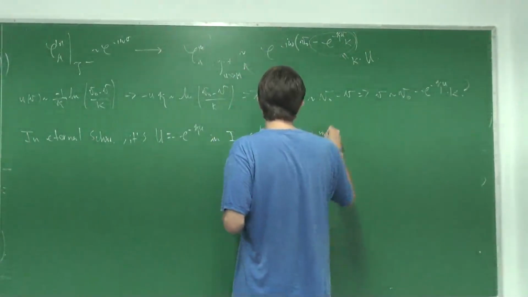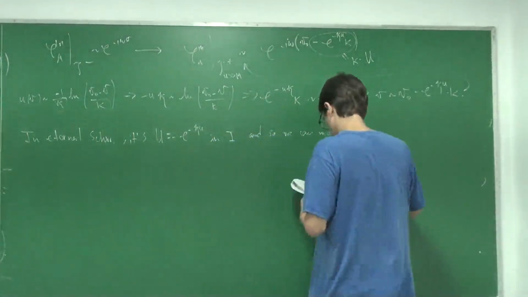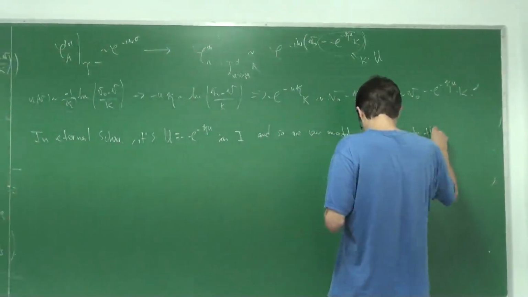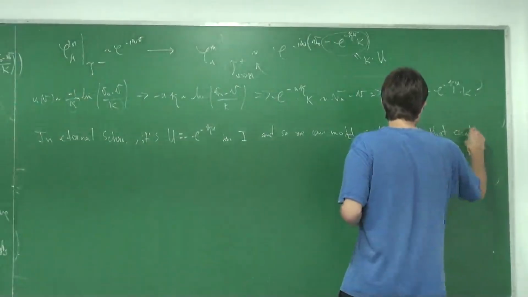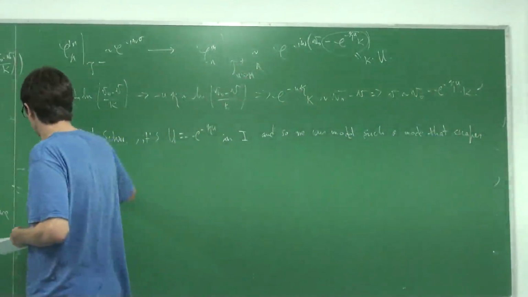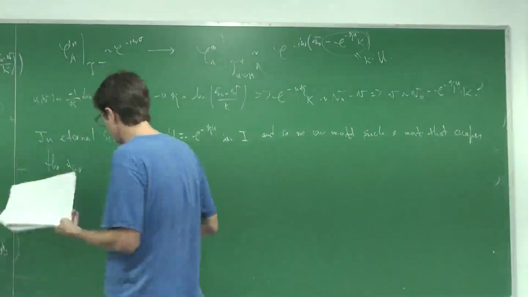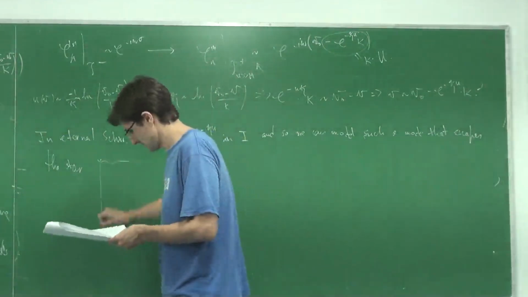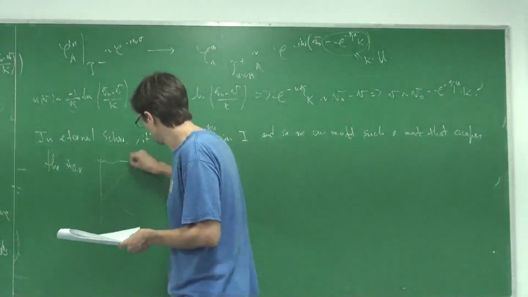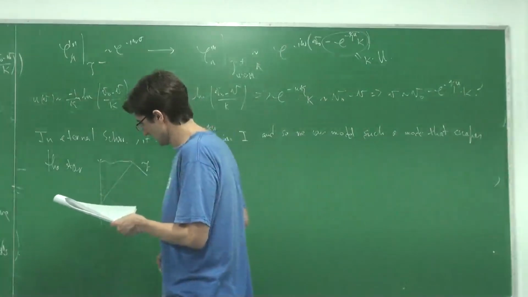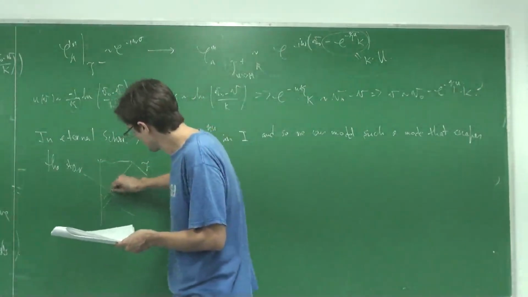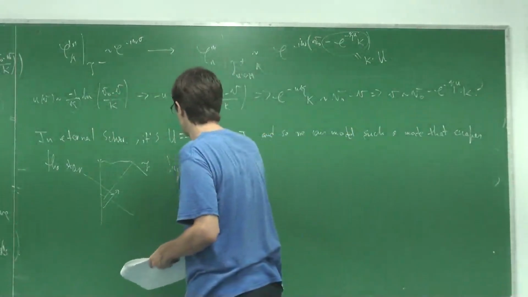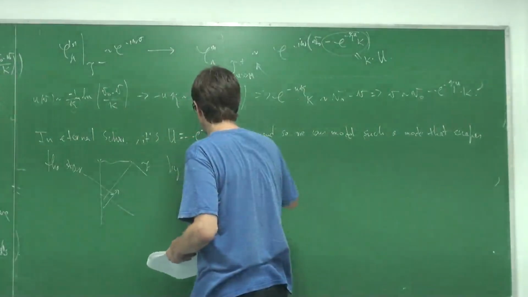So we can model such a mode that just about escapes the star by using modes.